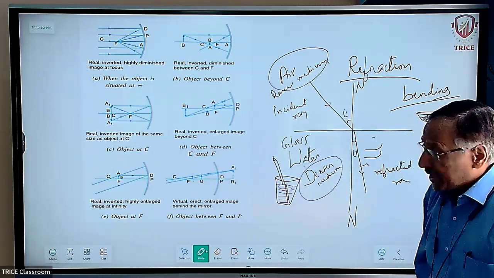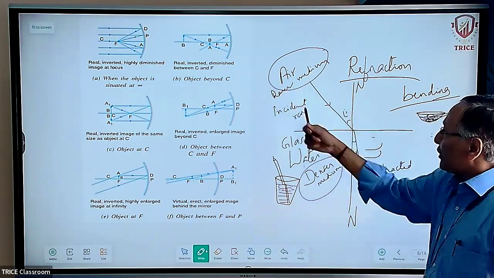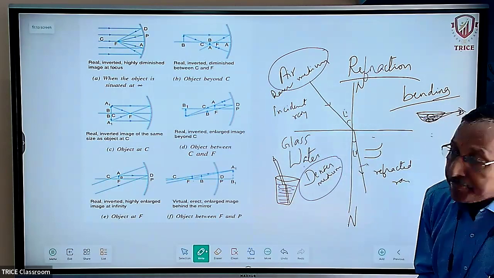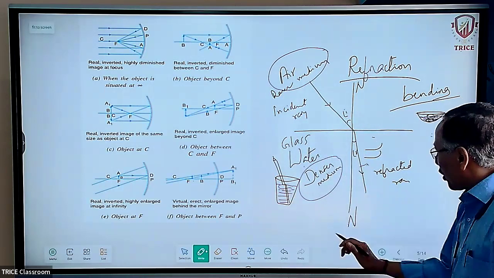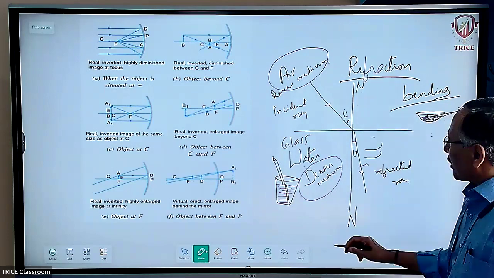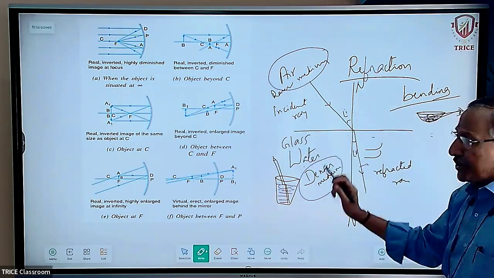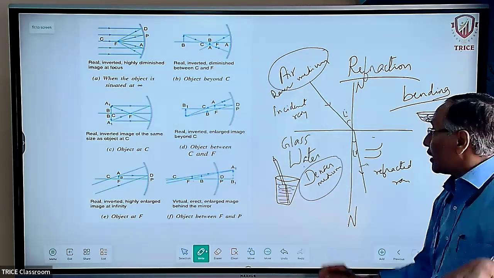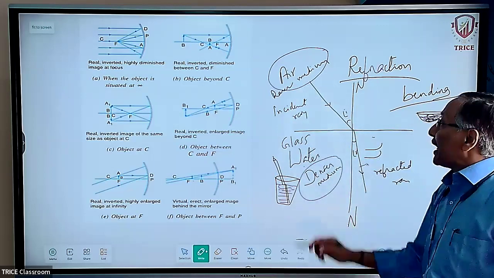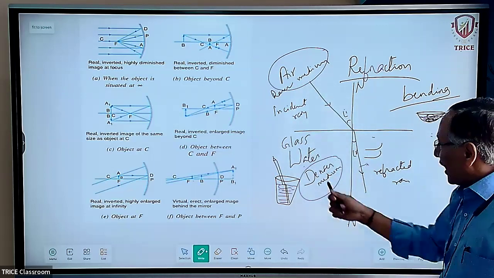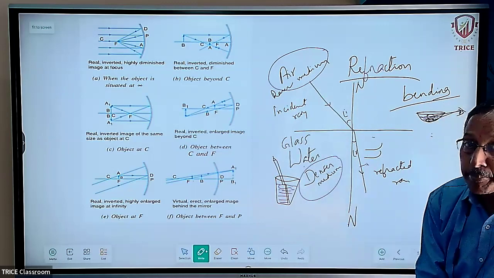So when a light ray travels from a rarer medium to a denser medium, it bends towards the normal. This is the normal, the perpendicular drawn at the interface of two transparent media. Air is a transparent medium and water is also a transparent medium, right?